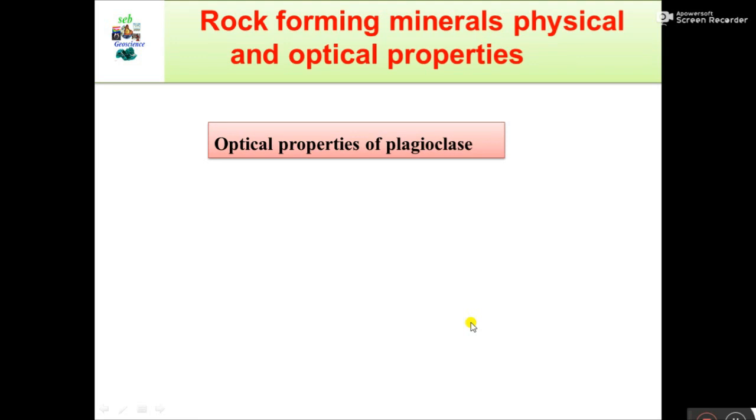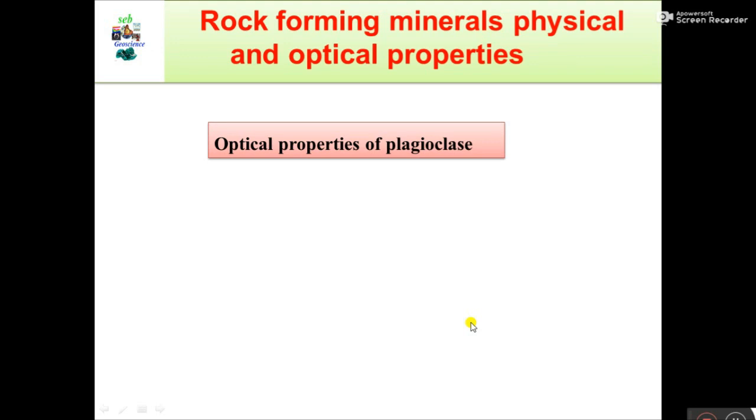In hand specimen, plagioclase is determined using these physical properties. The color is most of the time white to blue or gray. It has two sheets of cleavage at 90 degrees, and it has a white streak.